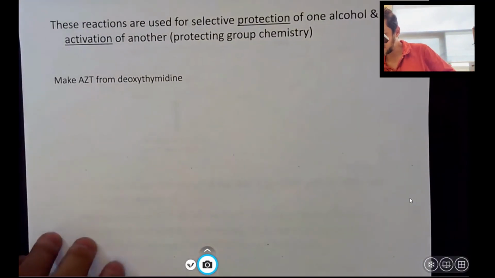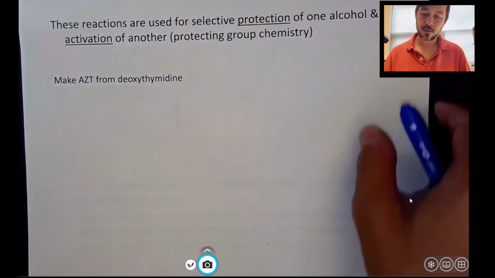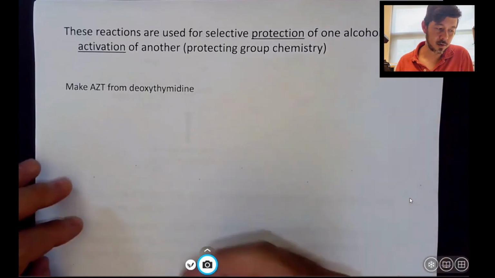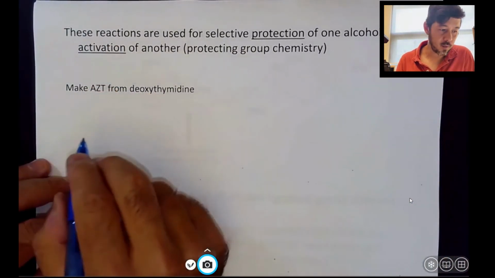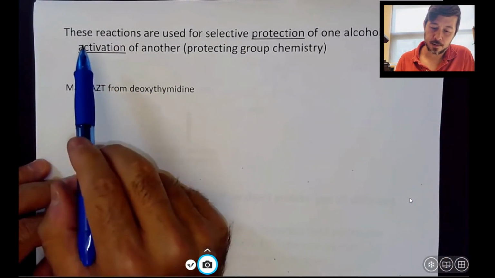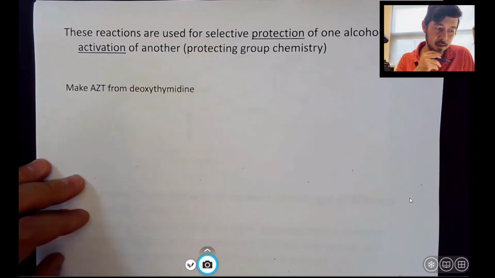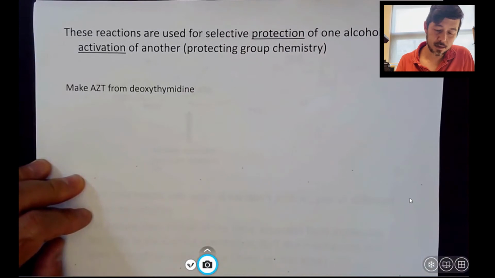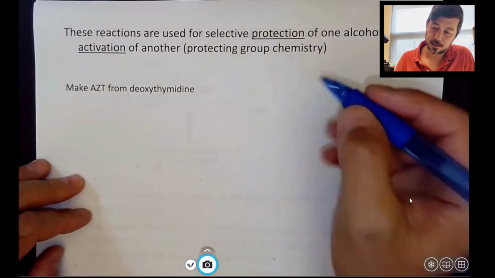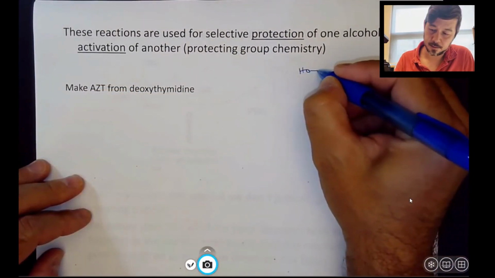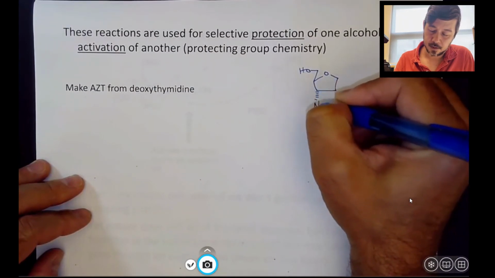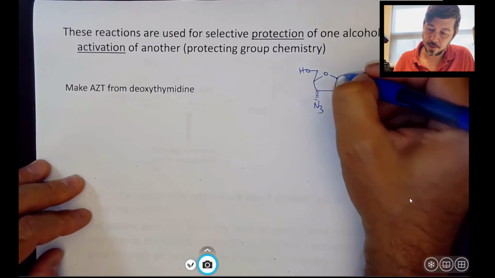Okay, so let's go through an actual synthesis of a very classic molecule that has been around for a while. Make AZT from deoxythymidine. So what is AZT? AZT is the structure here. It's an azidothymidine compound.